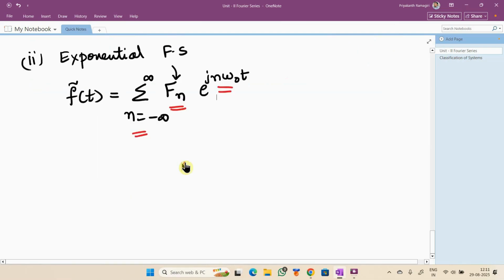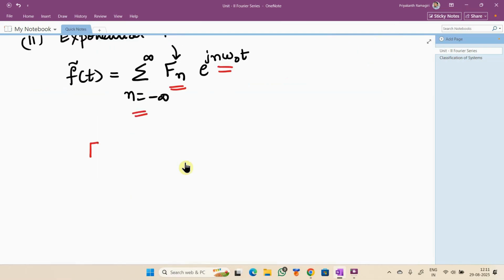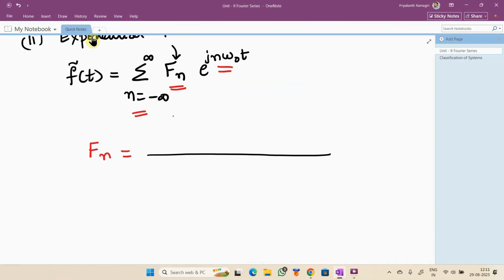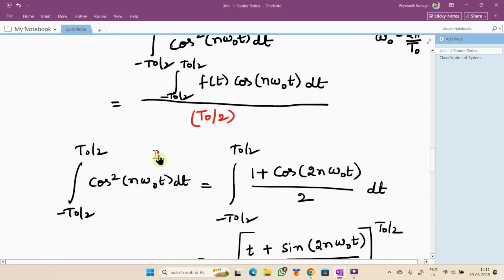The same explanation. Now we have to find Fn. Can you use the same formula for finding the expression for Fn? Now tell me, minus t naught by 2 to t naught by 2. The function we need to use in the approximation is f. And what is the function here I need to write? E power. See here, let me recollect again.